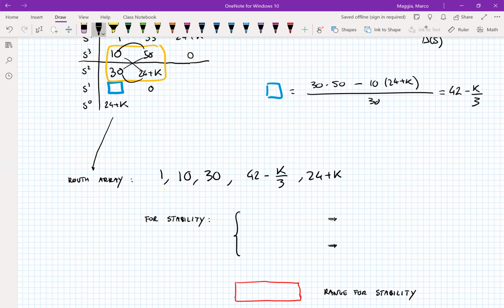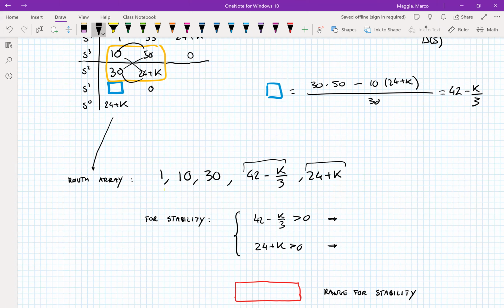Again, our objective is to find a range of k, so a controller, that keeps the system stable. So we want all the coefficients of the Routh array to have the same sign. Since we have plus 1, plus 10, plus 30, then we want 42 minus k over 3 to also be positive, and 24 plus k to be positive as well.